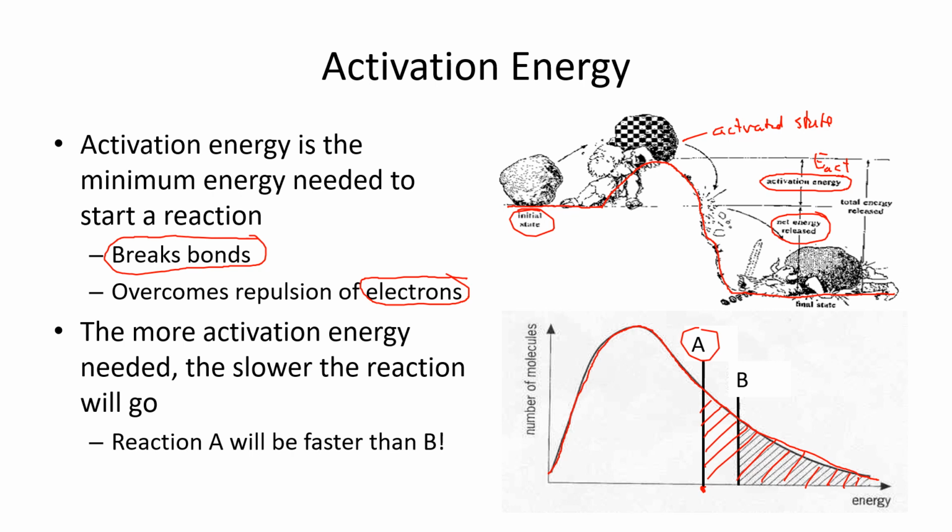And if reactant B requires more energy in order to react, it has a bigger activation energy. That means fewer particles are going to have that minimum amount of energy, and therefore it's going to be slower, because fewer particles are going to be able to attain that.